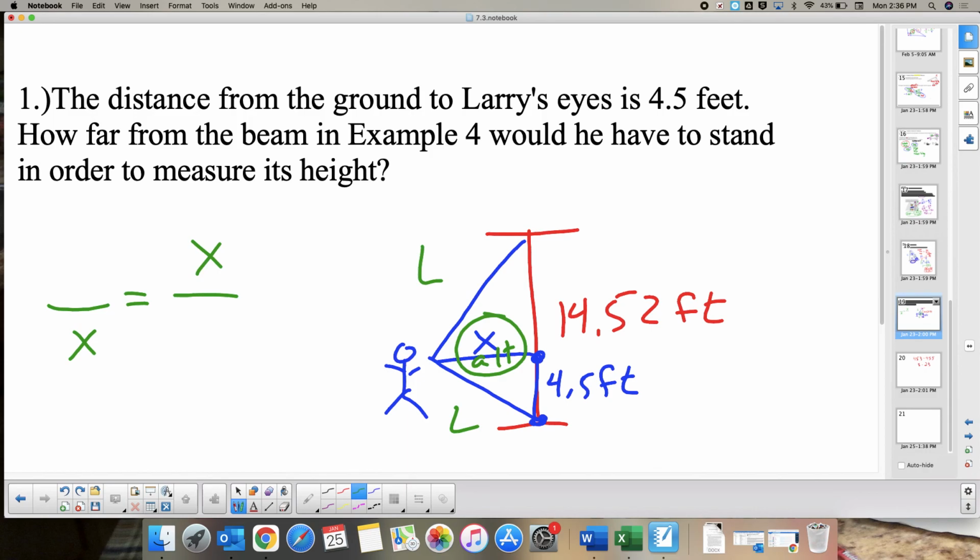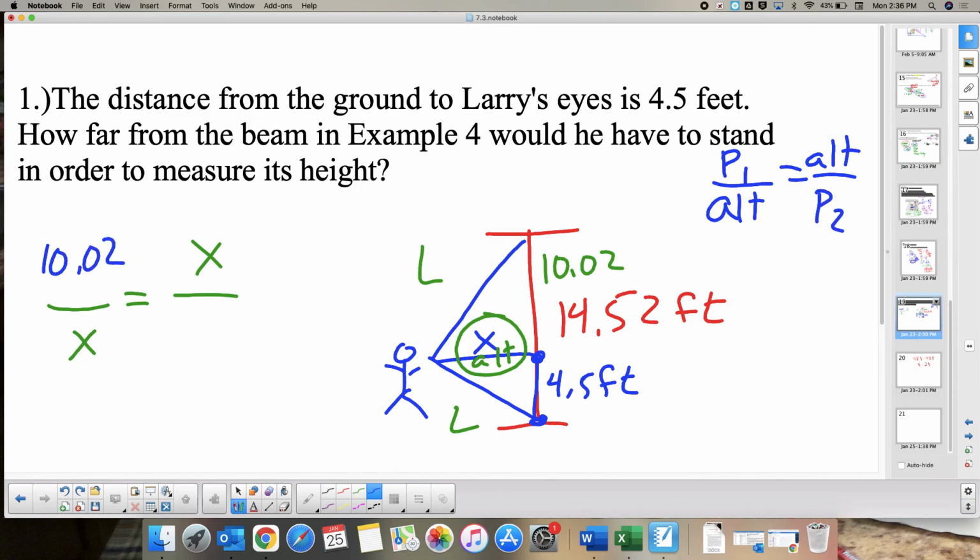So 14.52 minus our 4.5 tells me the top piece is 10.02. To do the geometric mean of an altitude, it is the altitude that went in twice, and then it is our piece 1 and piece 2. It is the two small pieces. So that would be 10.02 and 4.5.